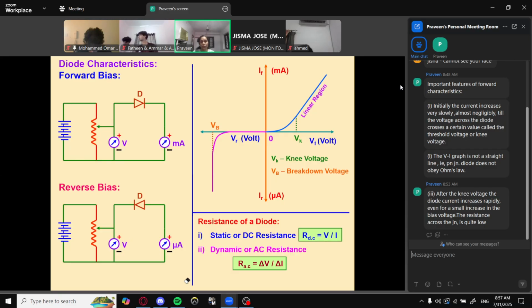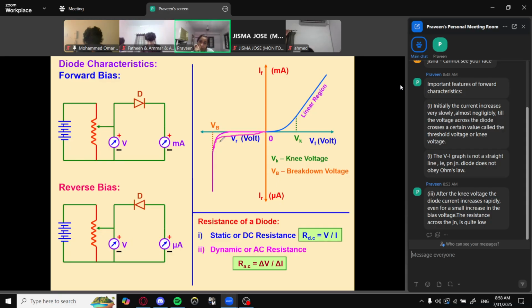I hope you completed. Now, regarding the reverse characteristics, I told you that you should have drawn this line not passing on the x-axis, but just below the x-axis, not showing that much current. Don't draw this line exactly onto the x-axis. Just draw a line a bit below the x-axis, on the negative side.